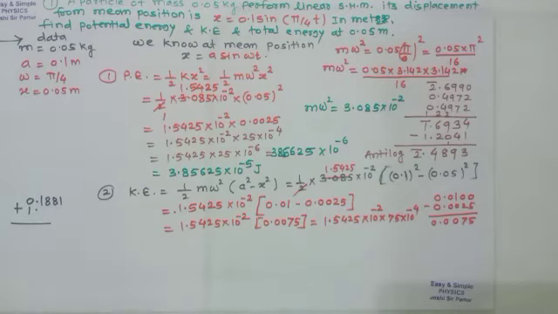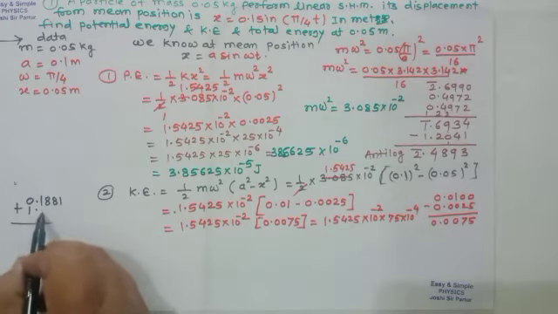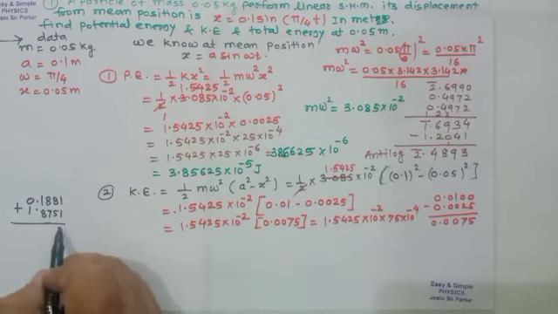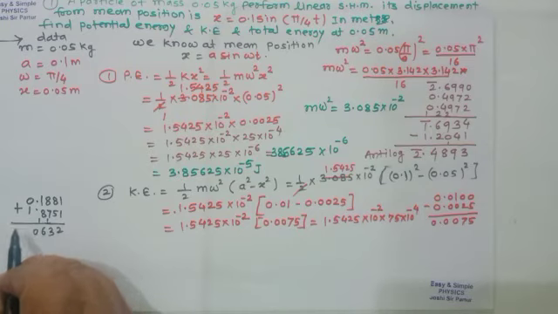If we see log of 75, it will be 8751. So addition will be 2, 13, 16, 10, 1. 1 and 1, 2.